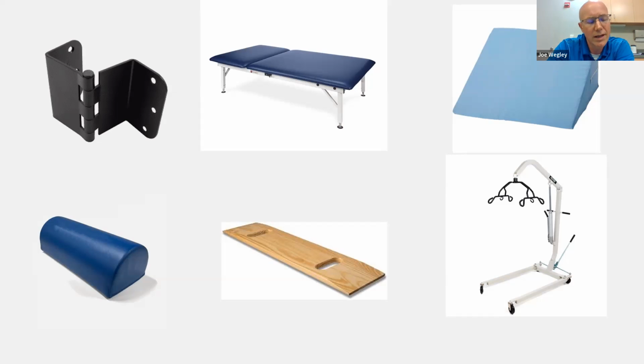Bottom left-hand corner is a bolster to place underneath lower extremities when you're doing your assessment. In the center on the bottom is a transfer board. You can see it's just a small board that goes underneath the patient, and then the other end goes over to the mat table where the patient can effectively scoot across it.